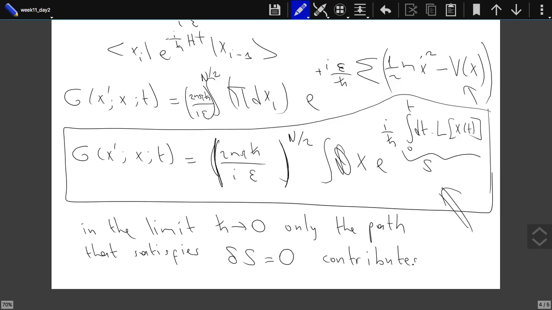Because for all the other paths, there will be one path, then you change it slightly, you are also supposed to sum the contribution of that path, but they will differ in sign, so they will cancel.